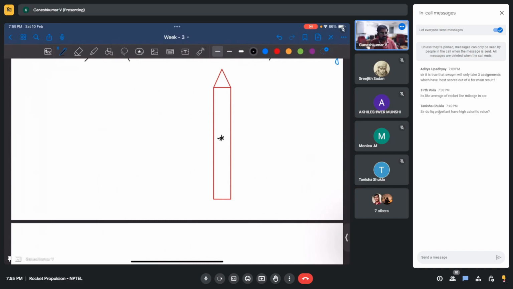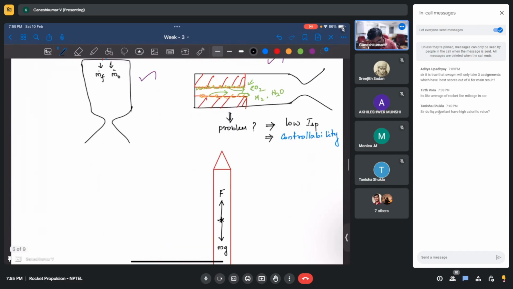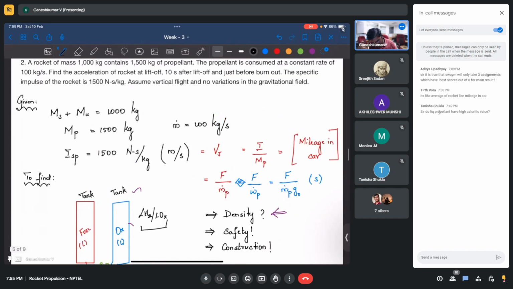This is, let's say, the center of mass, and weight is acting downwards, mg, and thrust is acting up. These are the only two forces, I guess.